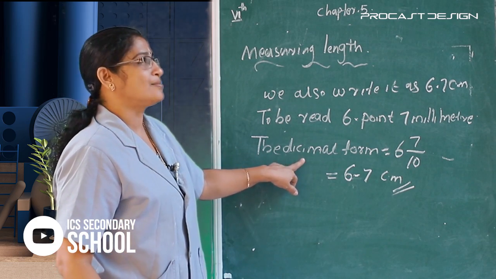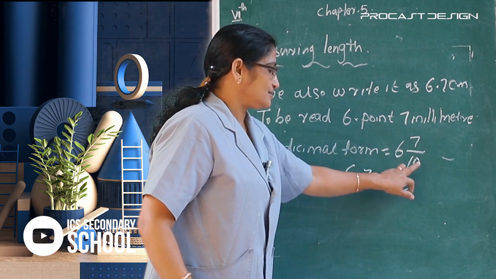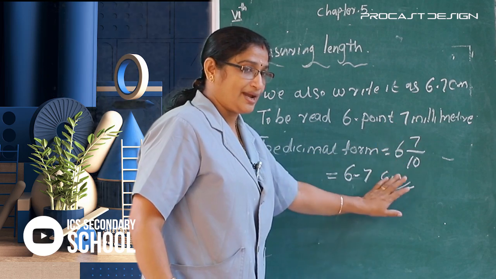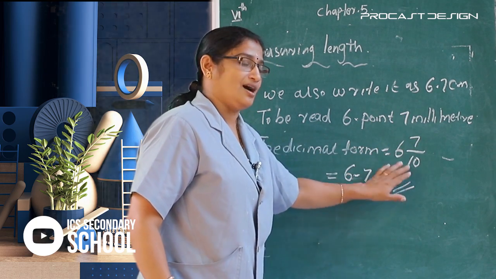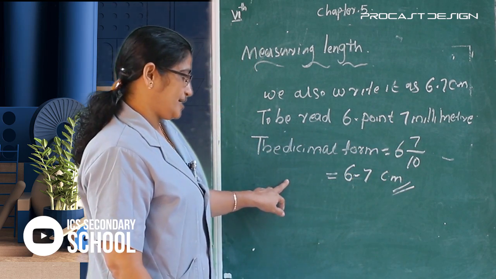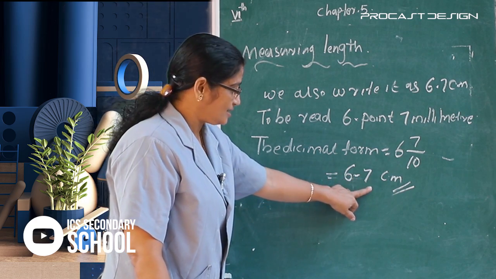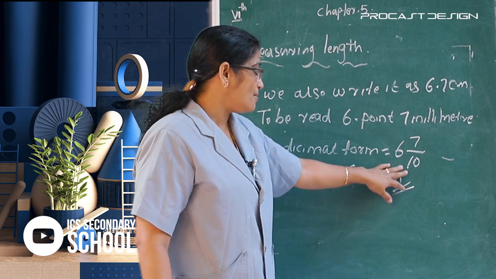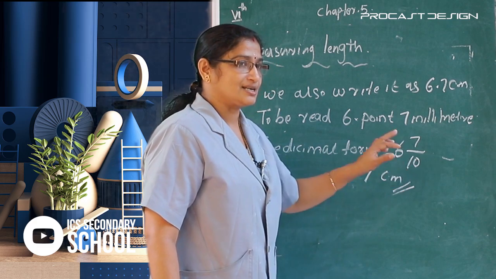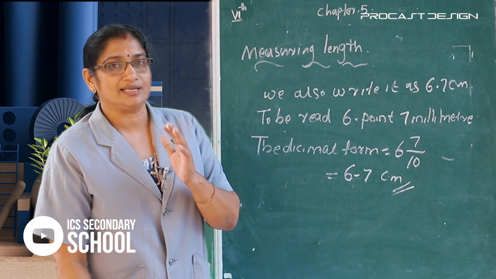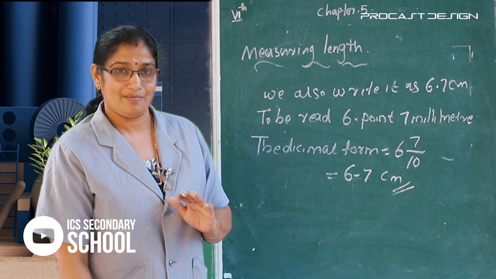The decimal form of 7 by 10: 10 is the millimeter and the decimal form is 6.7 centimeter. 1 centimeter is 10 millimeter.